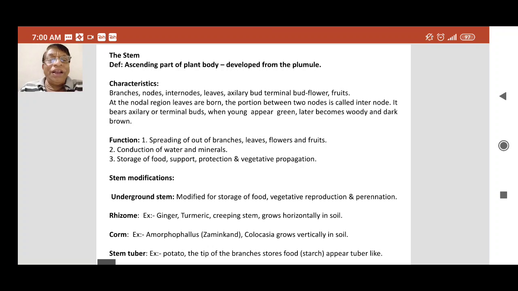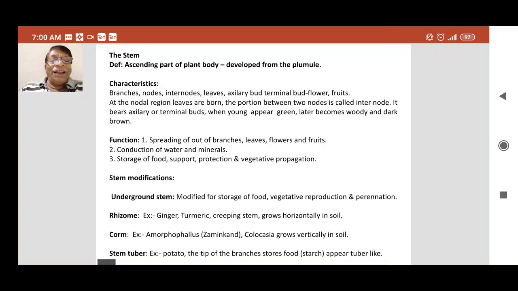It is normally found above the ground. It is developed from the plumule. The root system developed from the radicle. That you know.